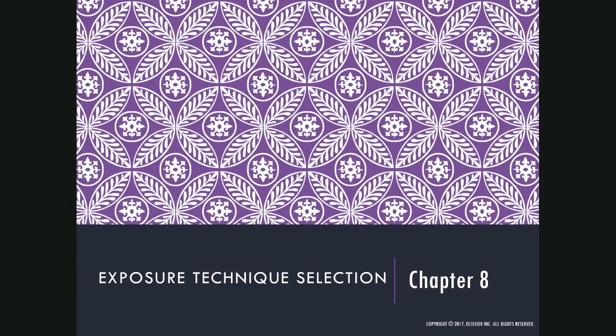Chapter 8 is about exposure technique selection. So we built on what we learned in chapter 6 about the technical factors, what they affect in the tube, and then what they are going to ultimately do with our image. And then in chapter 8 we're going to talk about how to know what to select based on what you're doing. I'll tell you what we're going to talk about in a minute because I'm going to go through these objectives.